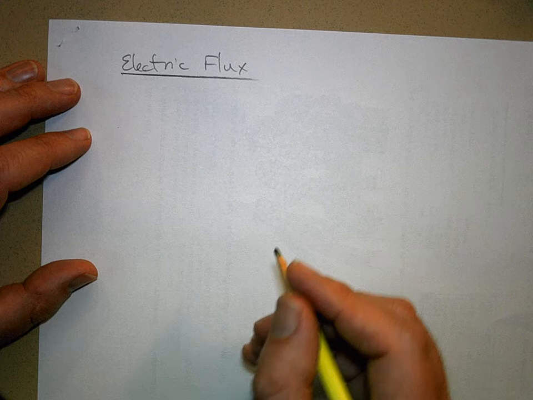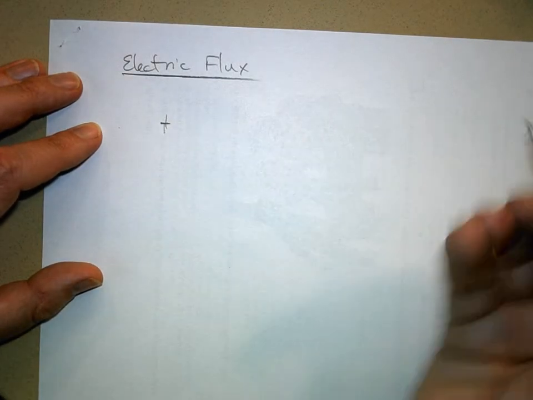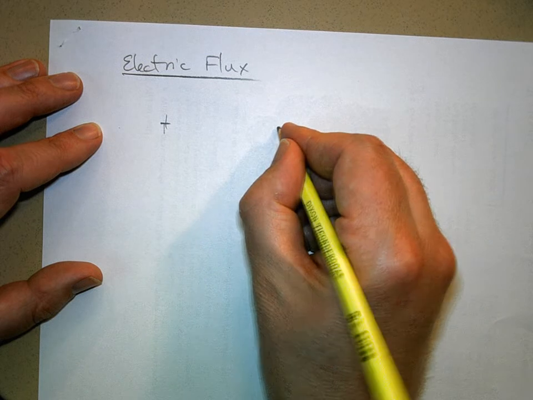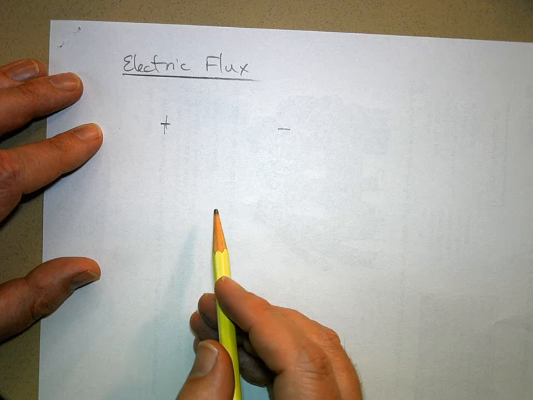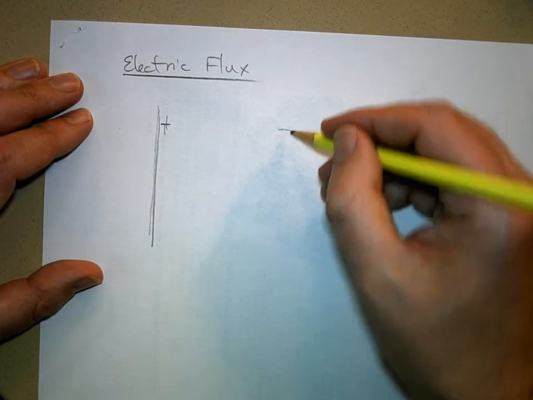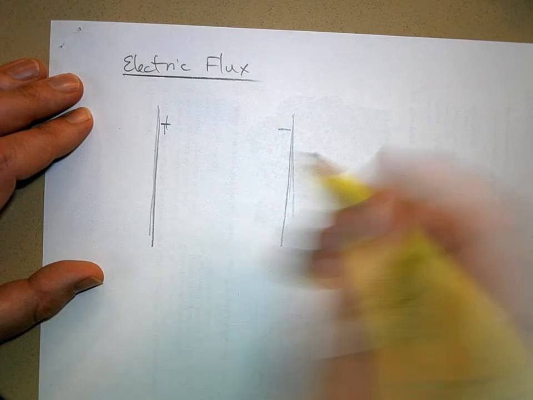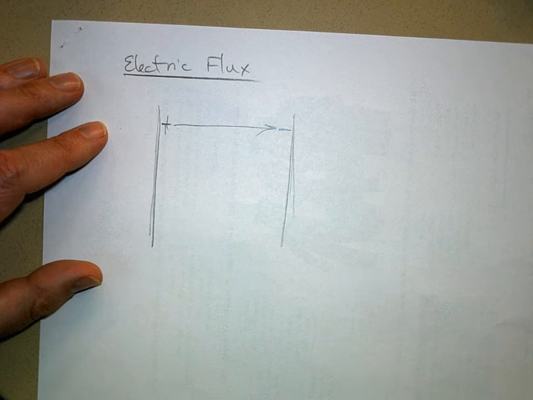Let's say I've got a positive charge here and a negative charge here on a plate. And let's say it's a uniform field. So I've got some plate right here, and some metal plate over here, and I put some positive charge on it, and I'll draw one line of flux.